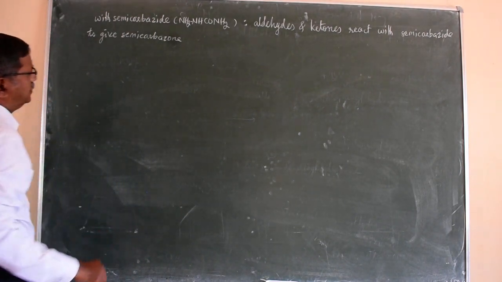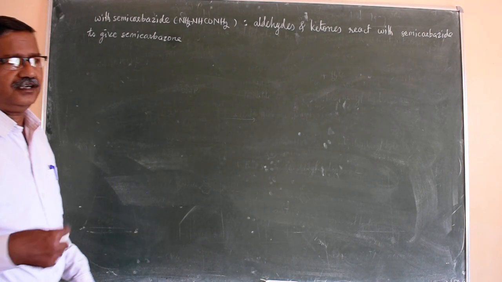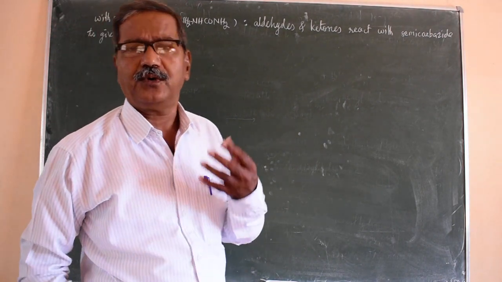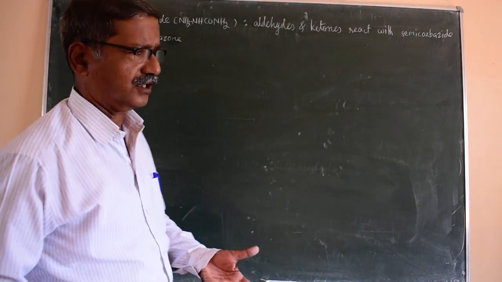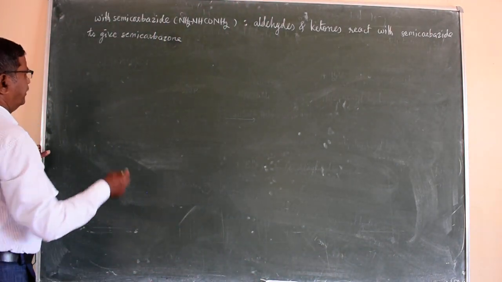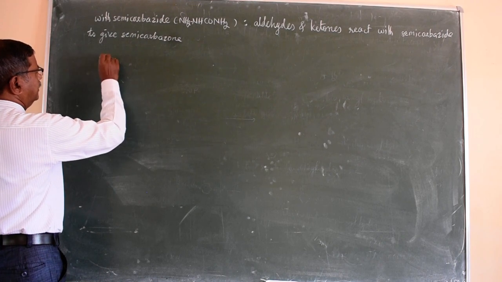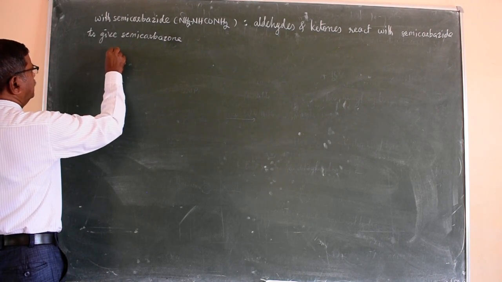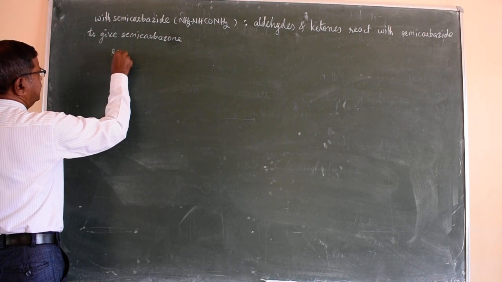We know the formulas: aldehyde RCHO, ketone RCOR dash or RCOR. So aldehyde RCHO plus semicarbazide.